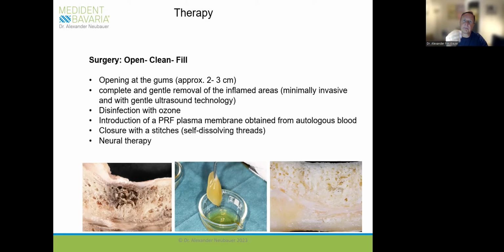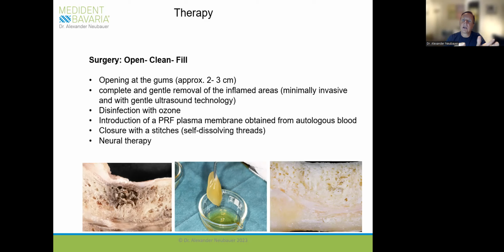That's why we put these membranes inside the cleaned surgical area and fill it up with them, and then make a safe closure with stitches which are self-dissolving. And then we cleaned it, we filled it, and we closed it again.